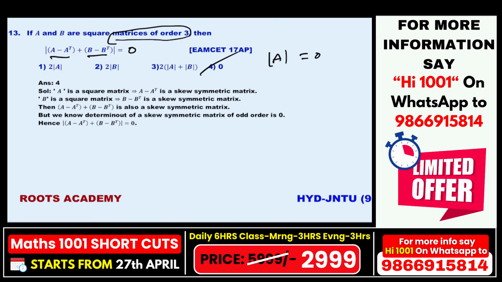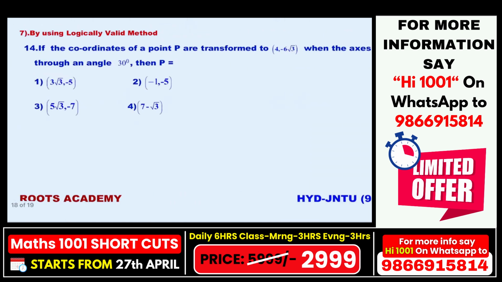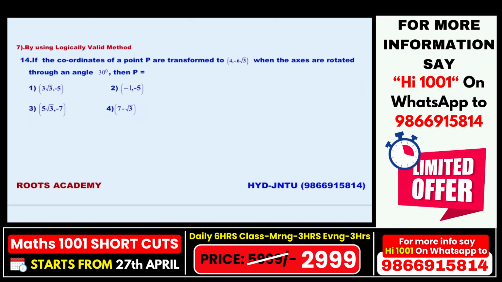Clear, dear? Now look here, by using logically valid method, these are my methods, my observation, my experience. So what you can do here is, if the coordinates of a point P are transformed to 4 comma minus 6 root 3 when the axes are rotated through an angle 30 degrees, then what is P?